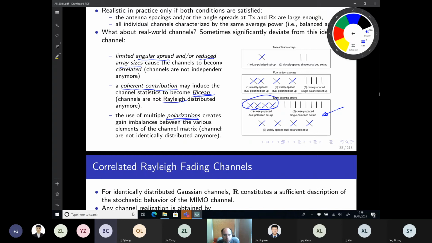The reason why you use dual polarized antennas is because you can pack all those antennas closer to each other. The 2 antennas here are on top of each other because they have different, orthogonal polarization. You can roughly view it that the channels will be uncorrelated, right? Something like this can also be used, less popular than this. Then your array may have a bigger size because you have single antenna, single polarization. They're all vertically polarized, but then the array size can be bigger.